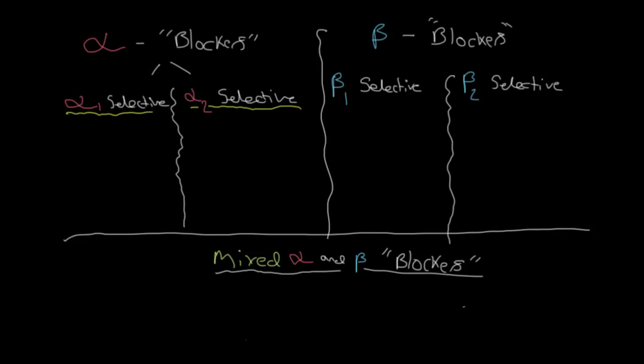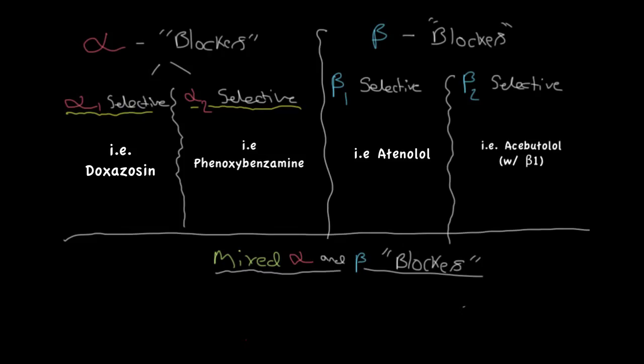This can be extended to classifying the drug we're looking at based on whether it blocks alpha 1, alpha 2, or beta 1 or beta 2 adrenoceptors. There are additionally drugs that block a mixture of alpha adrenoceptors or a mix of beta adrenoceptors, as well as those that don't differentiate at all and target both alpha and beta adrenoceptors. We would therefore classify this last type as non-selective adrenoceptor antagonists.